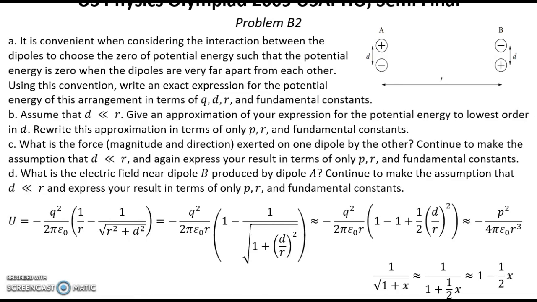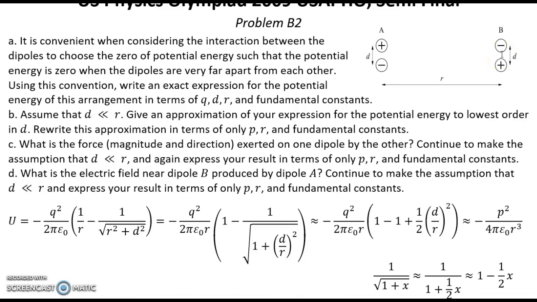Next question C. What is the force, magnitude and direction exerted on one dipole by the other? Continue to make the assumption that d much less than r, and again express your result in terms of only p, r and the fundamental constants.